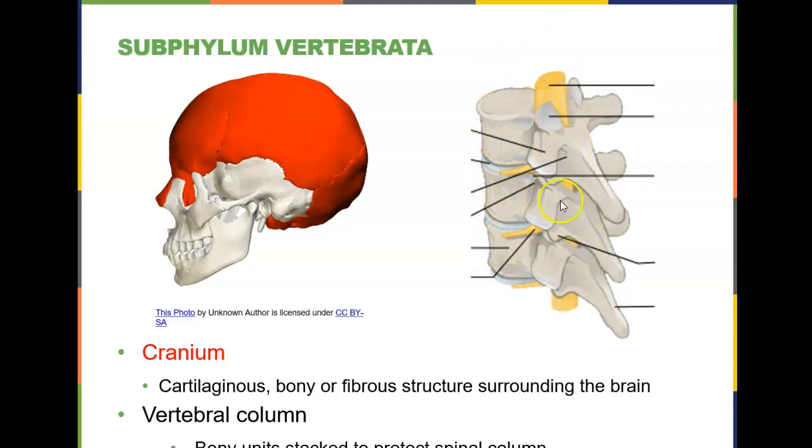So this is one vertebra, another one, they stack up, and there's a hollow column in which the spinal column or the nervous tissue, shown in yellow, can travel through from the brain and out to the body. So all vertebrates have a cranium of sorts and a vertebral column.